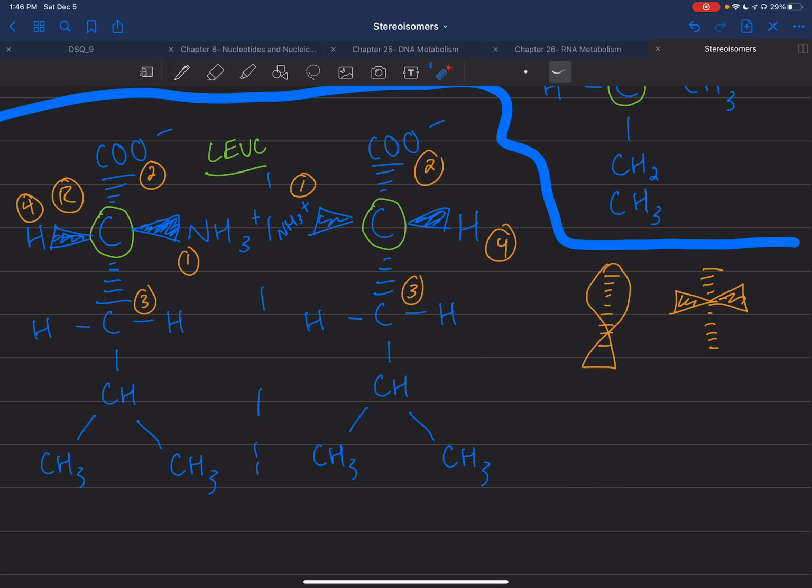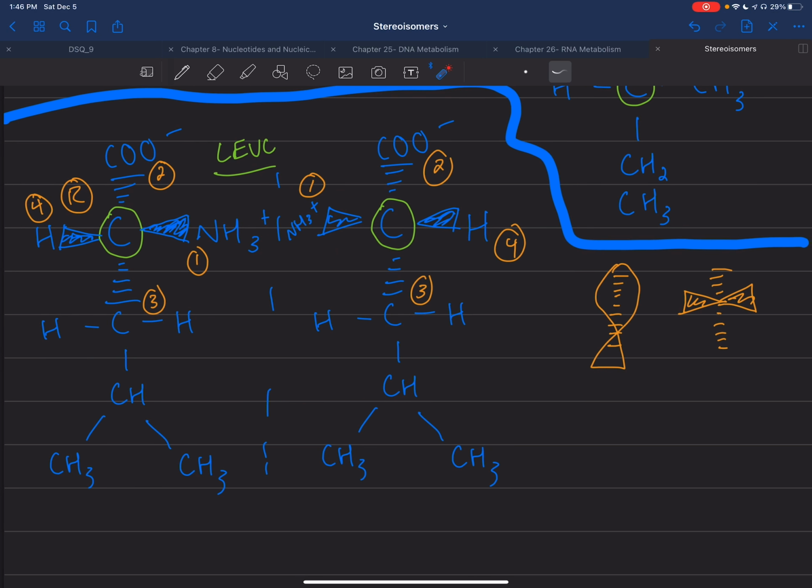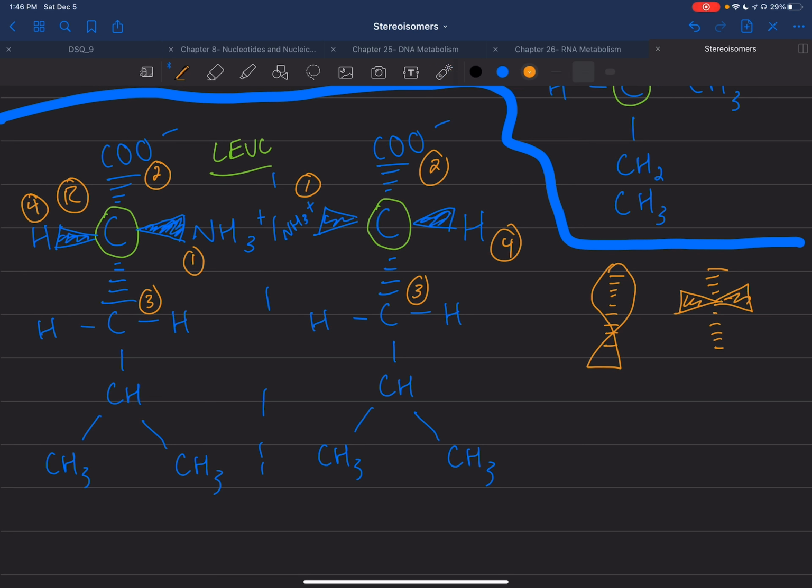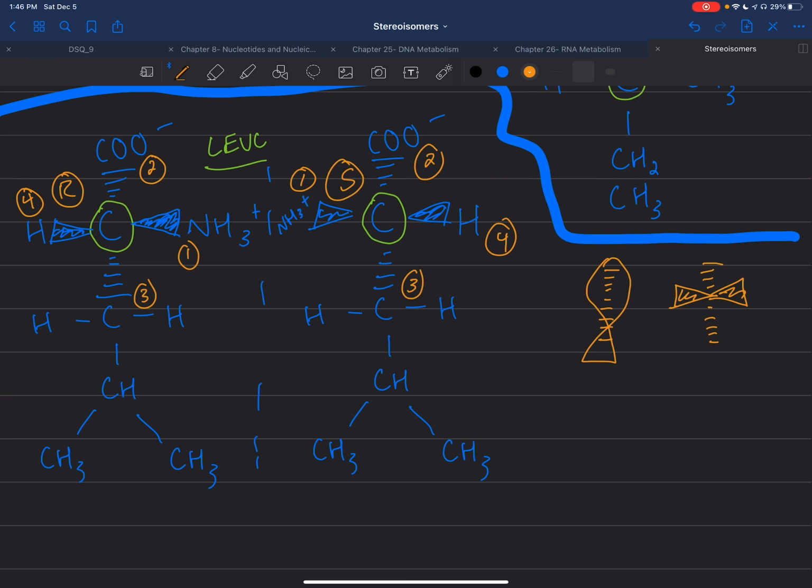The reason, I'm sorry, that I reversed this was if I'm doing 1, 2, 3 to the left, our fourth priority is not in a dashed wedge, so we need to reverse, which is why this is R. All right, if we're looking at this, now we're doing 1, 2, 3, R. However, this is not where we want it, so this would be S. So there's 2 different ways to confirm that these are mirror images.